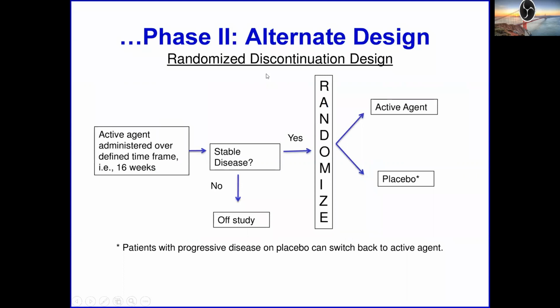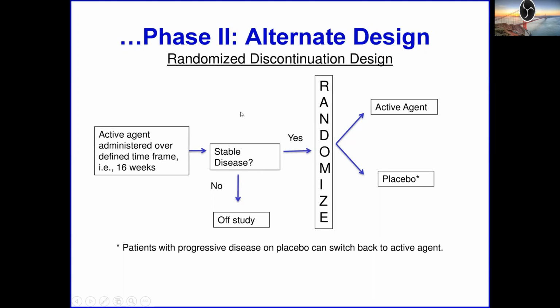The other one is the randomized discontinuation design. This is also a type of phase 2, wherein our trial drug will be administered over a specific period of time, and once there is stable disease, meaning the patient is responding to the treatment, these patients will be randomized.